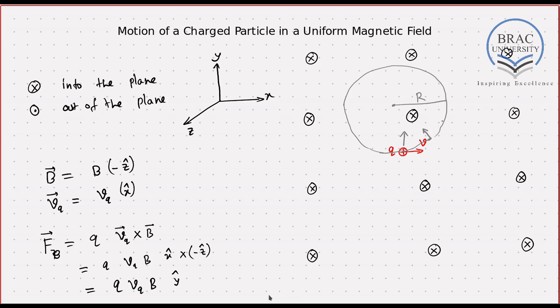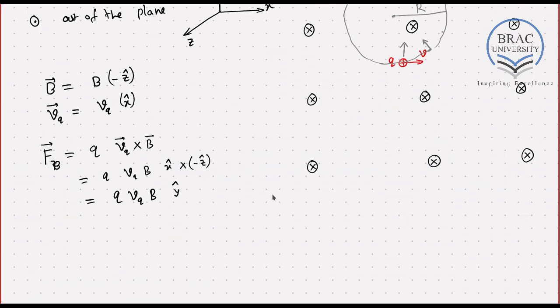Okay, so one thing we know is that if a particle or an object moves in a circular orbit, then it will have a centripetal force, which is F sub c, equal to the mass of the particle m times v squared, the velocity of the particle squared, divided by the radius of that circular path.